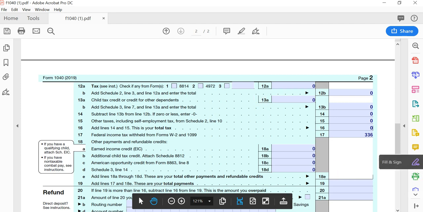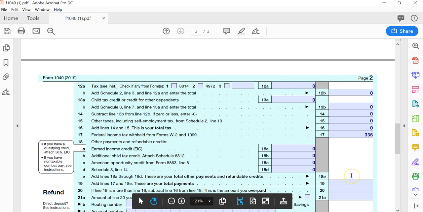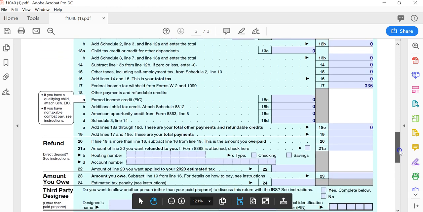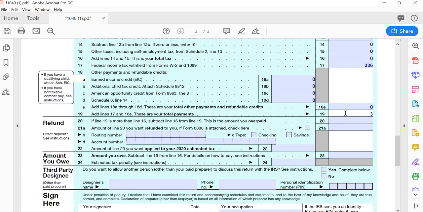18E, it says add lines 18A through 18D, so we know that's a 0 here. And then for 19, where it says add line 17 and 18E, these are our total payments. So our total payments that we paid was $336.